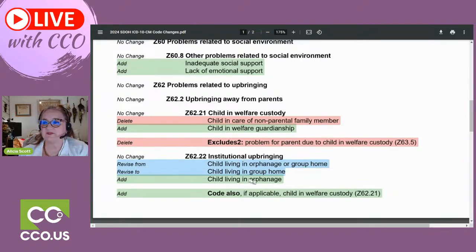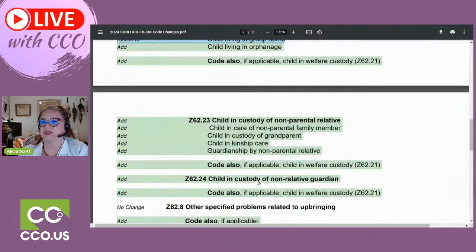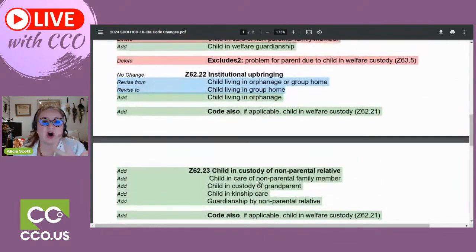Now, for some of us who are used to the code sets, we always pay attention to the code also. So we pay attention to the excludes and use additional. If you see that code also anywhere in your manual or surrounding the code, that should set those spidey coding senses off that, hey, you need to pay attention.